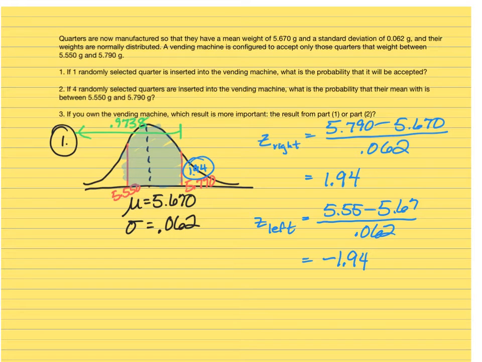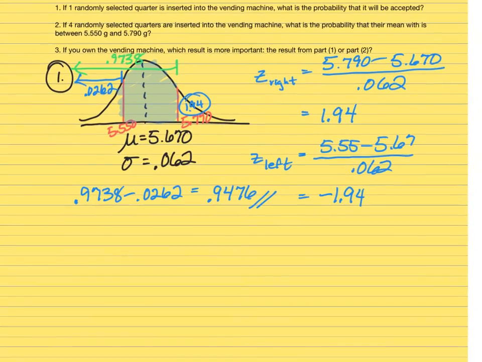So the area from here to here is 0.0262. So the area between them will be 0.9738 minus 0.0262, so the area is 0.9476. So there is a 94.76% chance that this single quarter will be accepted.